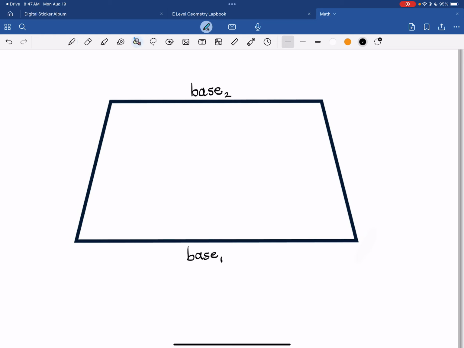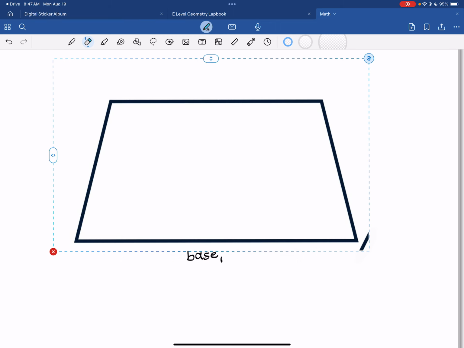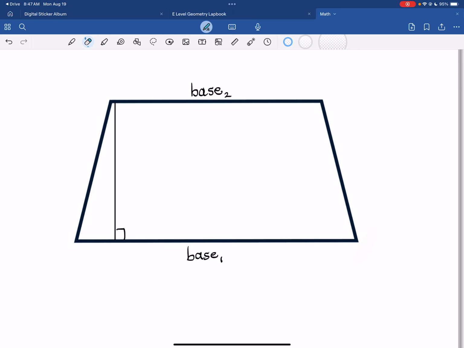And in this one, remember the height would be a straight line measurement, and that's imaginary. So let's put in the dashed line to show that it's imaginary, but that's the height. Whatever that amount would be is the height of this shape.